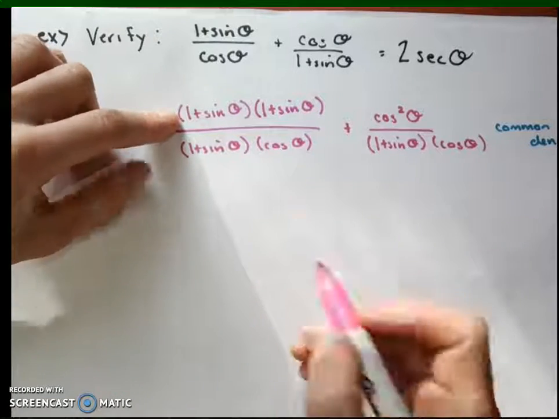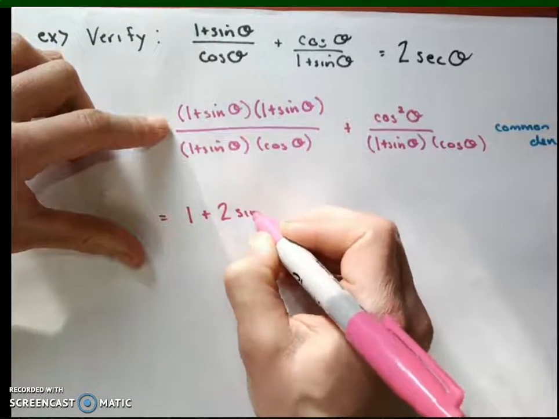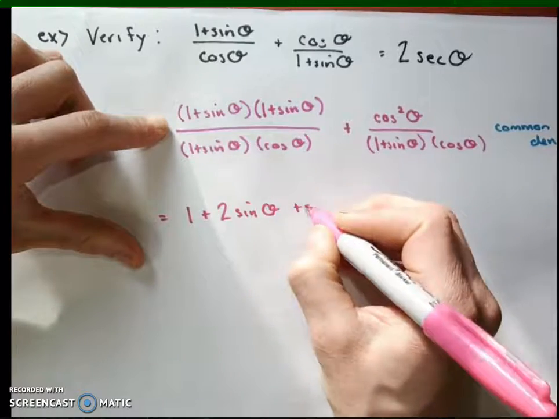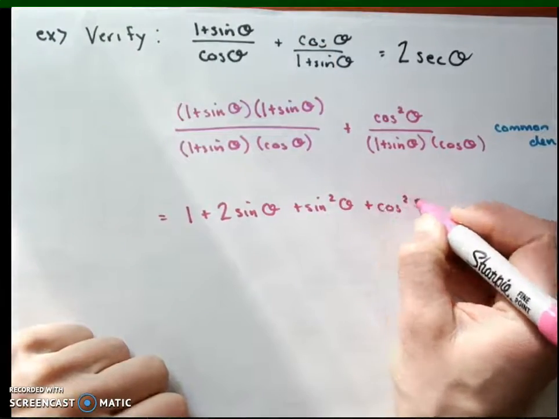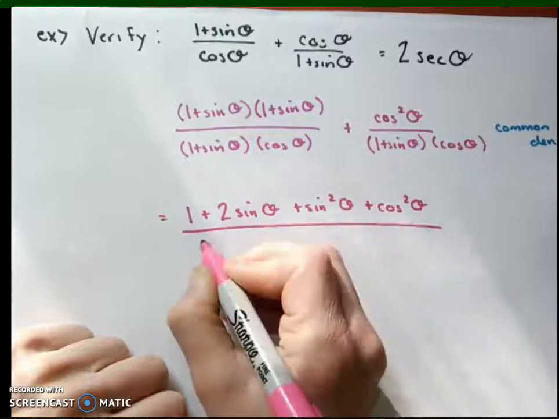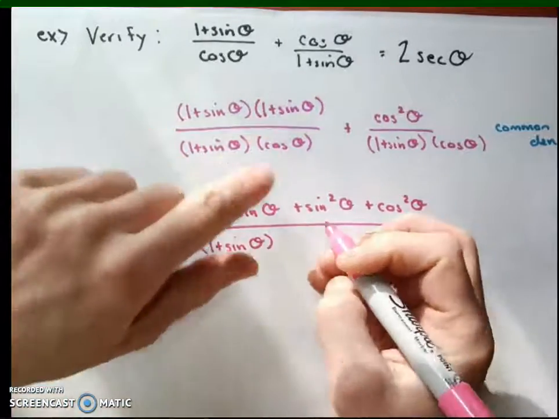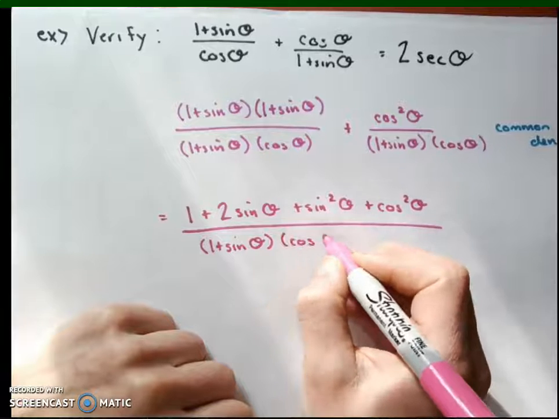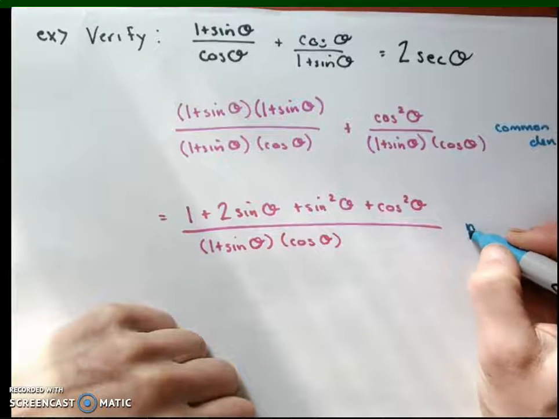And the strategy here is common denominator. Now if I FOIL this out, I'm going to end up with 1 plus 2 sine theta plus sine squared theta, and here I have plus cosine squared theta all over this denominator, which I'll leave factored because it doesn't seem like multiplying that out would help me very much. There's no identity that's going to help me out there. So that's FOIL.